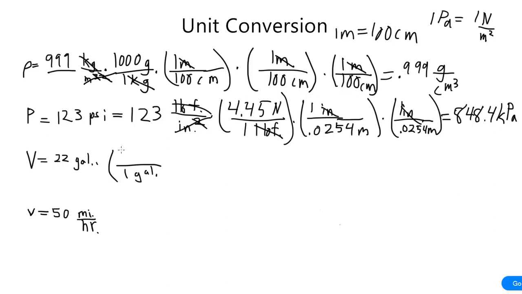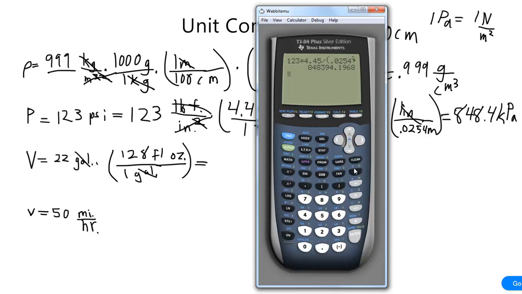So now 1 gallon is going to equal, what is it? Okay, 128 fluid ounces. Okay, so to our trusty calculator, we're gonna do 22 times by 128.